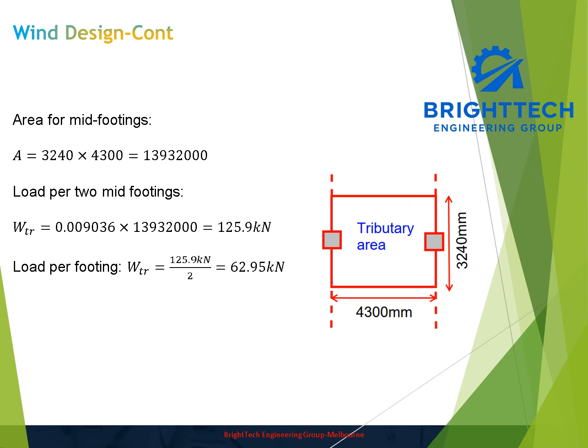Load per two mid footings is the multiplication of the unit load by the area, which is 125.9 kilonewton. And because we have two independent footings at either side of the tributary area, we divide this load by two. So we need to design for this loading.